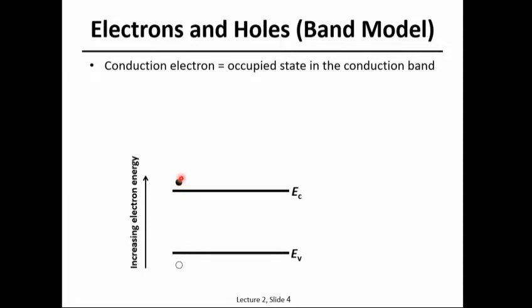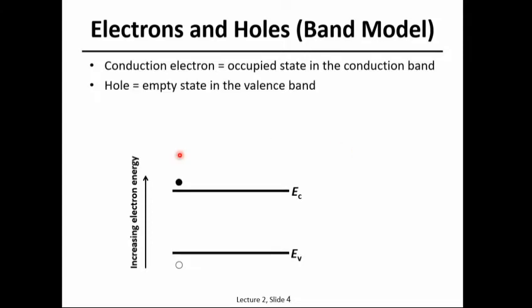This conduction electron occupies a state in the conduction band. But we don't know how much energy it has, or at what level it's sitting, because the conduction band has so many states in it, and this electron occupies a specific state depending on its energy.